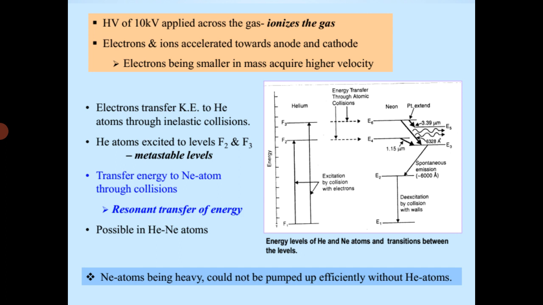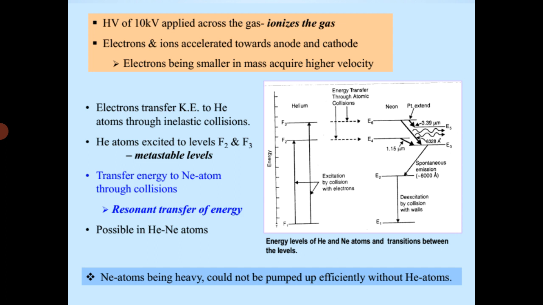Then from level E3 to E2 there is spontaneous emission. Again from E2 to E1 level, the de-excitation is by collision with walls. Again the atoms are excited to a higher energy level. These processes are cyclic, that's why the output is continuous.